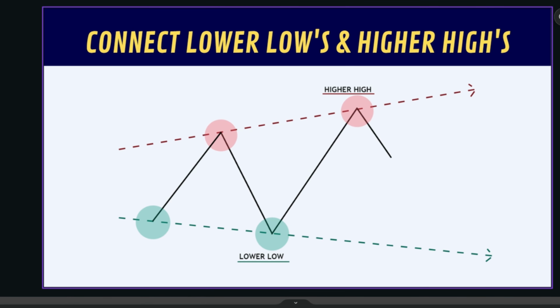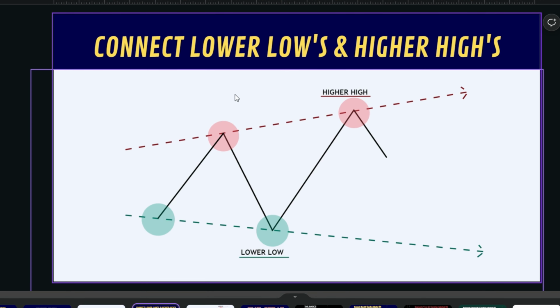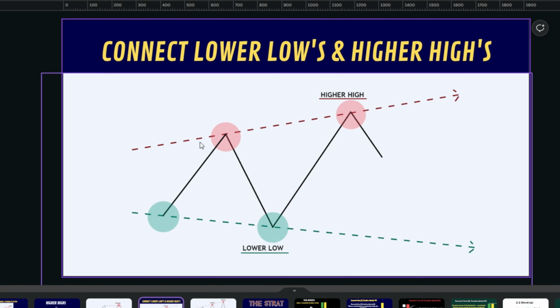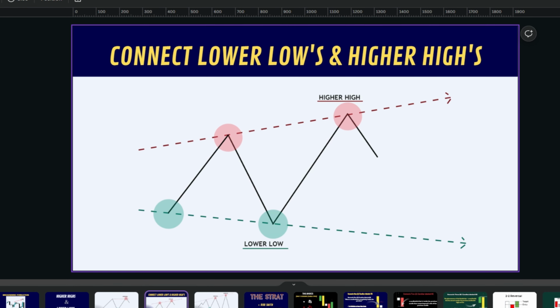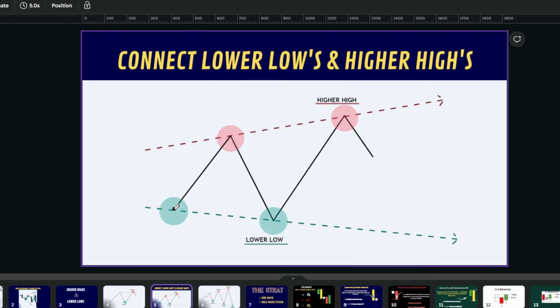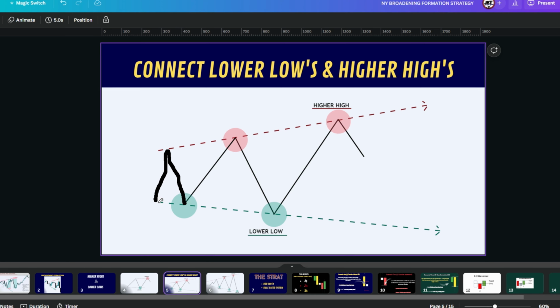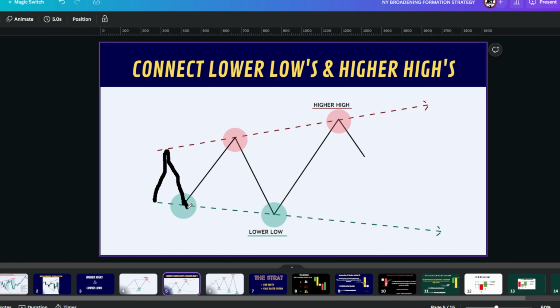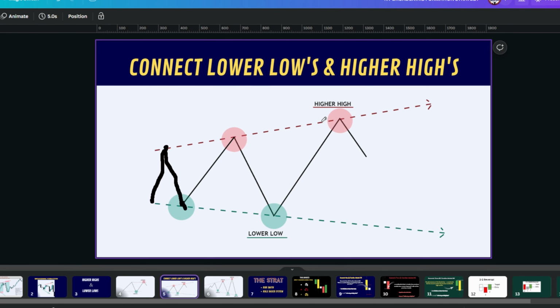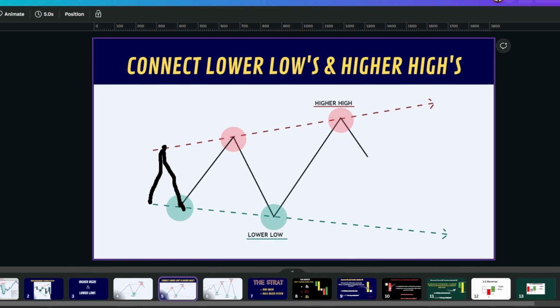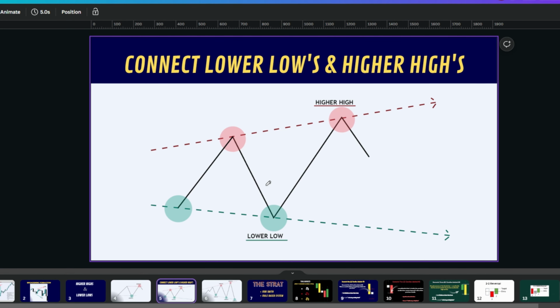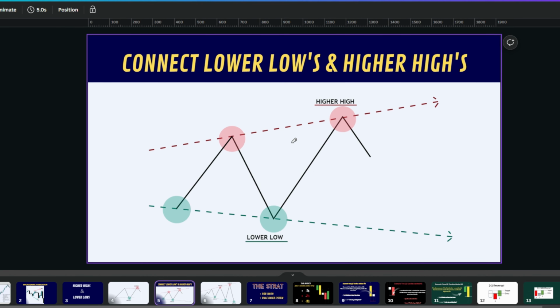So how do we use it? We're going to connect the higher highs that were created. Normally there would be another one in here that's very small, and you would use these 2 right here. So it'd be like this and that. So then you would connect those 2, but just for example, I made it easy for you guys to understand. And same thing, so now you just connect them, and this is where you get the trade.